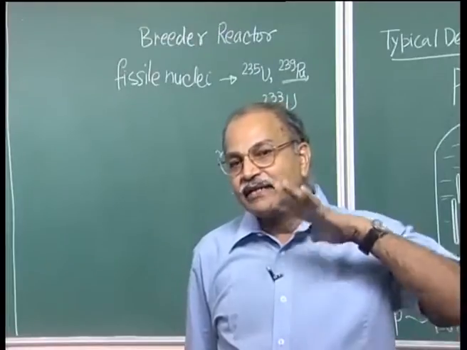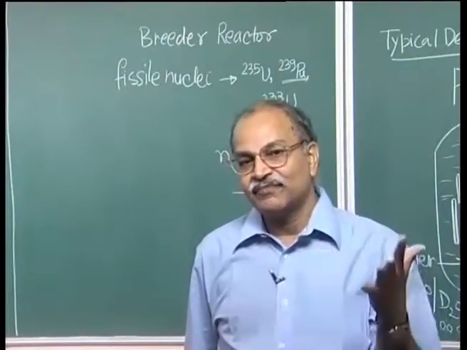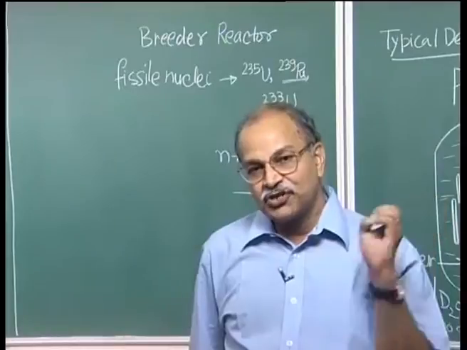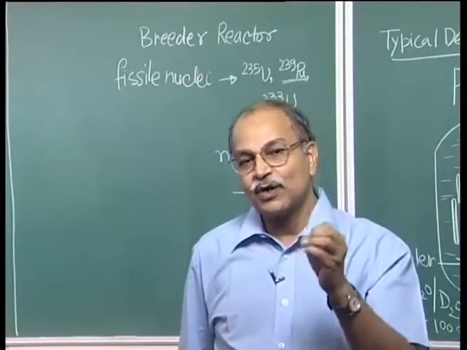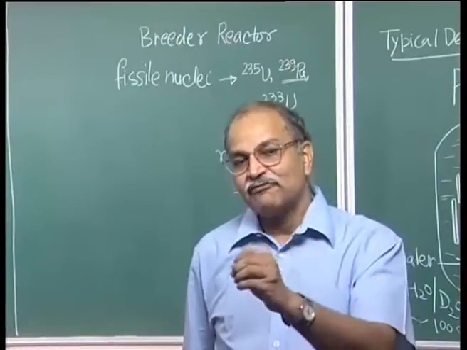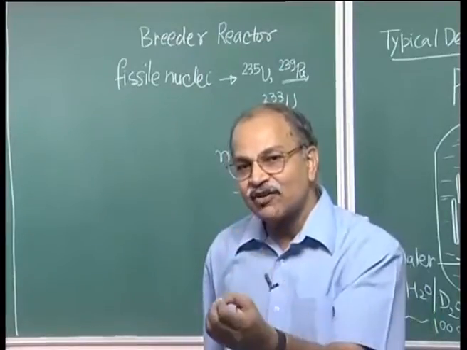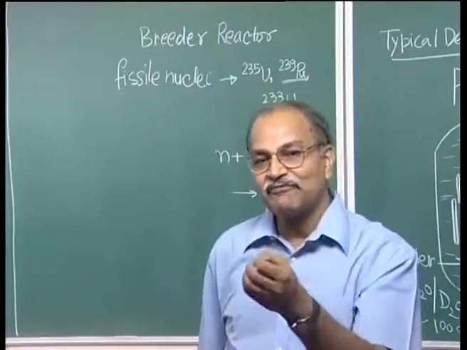So, if a reactor is designed in such a way that from fission you have say 2.5 neutrons, and 1 neutron is needed for sustaining the chain reaction, still you have 1.5 neutrons.